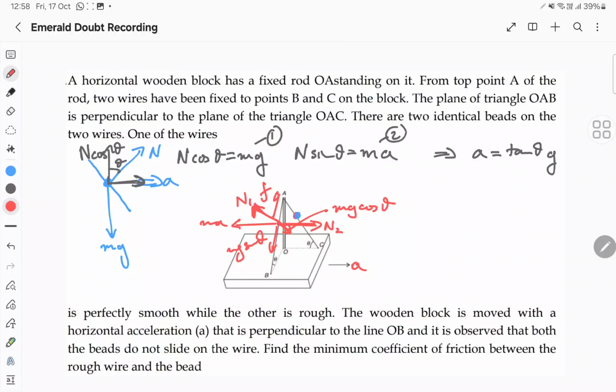If I want to always write in real forces, then I will write N2 is equal to ma, and a is the same as the earlier a, which is g tan theta. So it is mg tan theta. This N1 and N2 are 90 degrees to each other. I hope you get it.